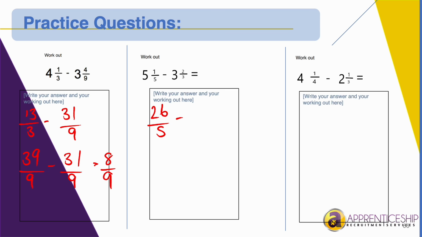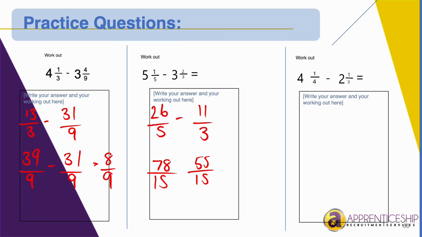Take away 3 times 3 is 9, so that's going to be 11 over 3. Okay, so what do we do here? We need to multiply the bottoms together to get 15ths. 26 multiplied by 3 gets us 78. 11 times by 5 gives us 55.